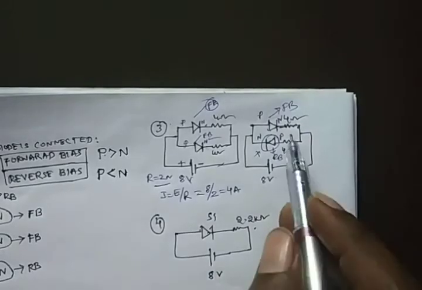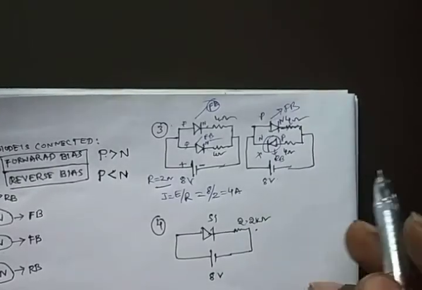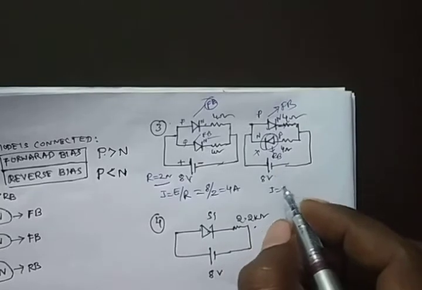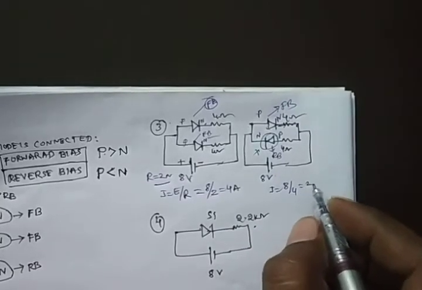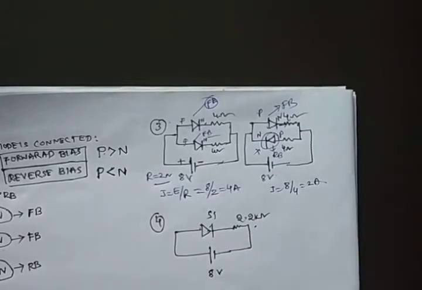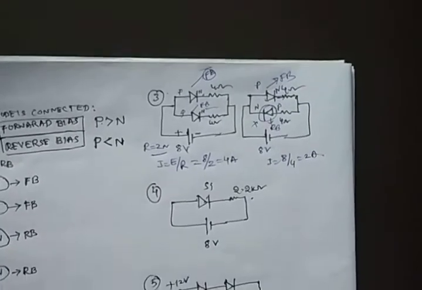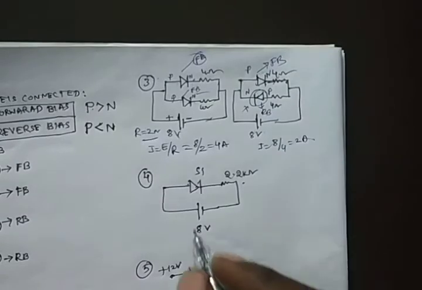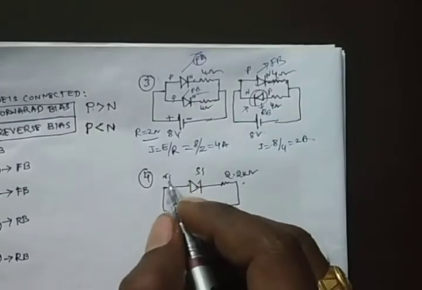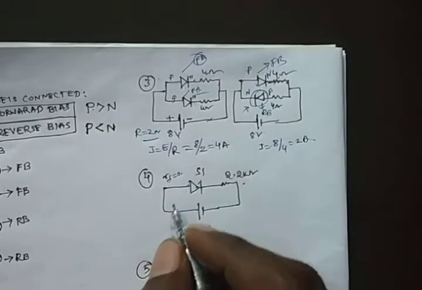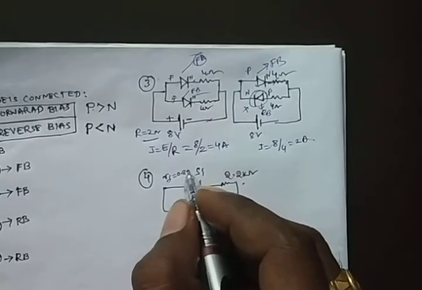So only forward bias resistance is how much? 4 ohms. So I equal to 8 by 4, that is 2 amperes. Okay, 2 amperes.